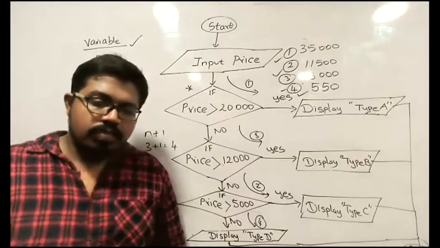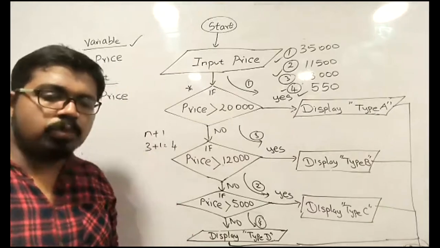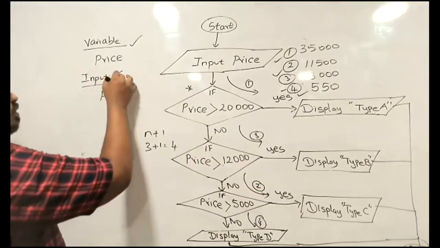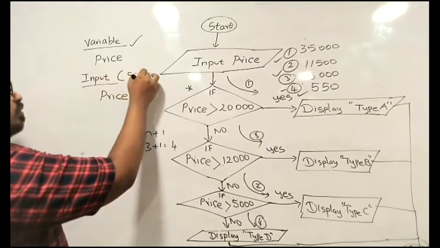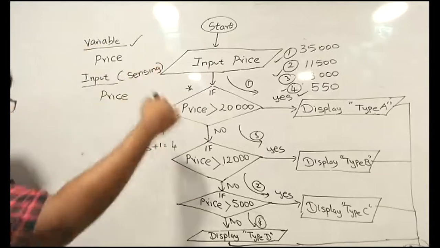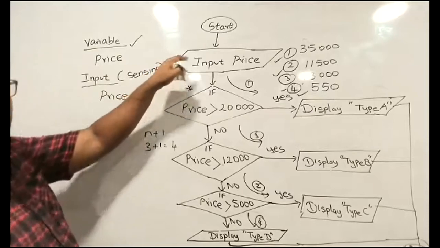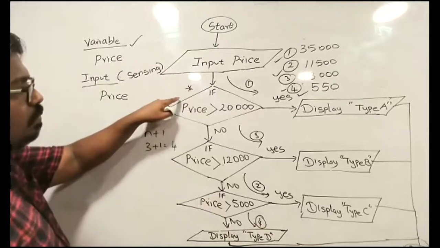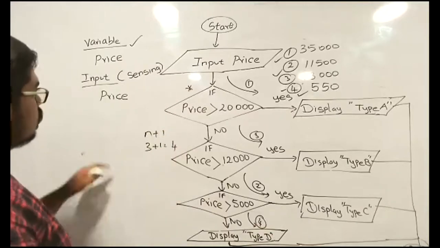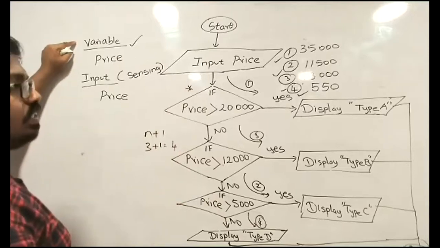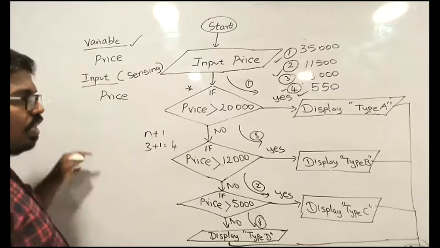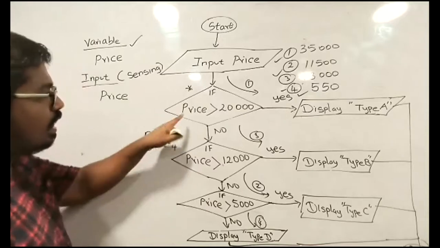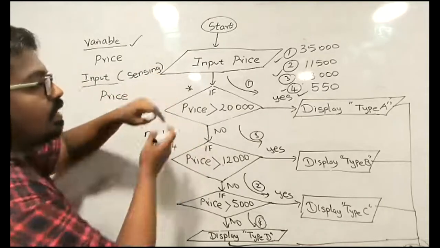As we studied earlier, in a Scratch program, inputs are denoted by the sensing tool group, right? So I will write sensing. By using sensing, I will provide the price to the flowchart or the program. Here I am going to check the conditions. So after variable identification, I will do the input identification. After input, when you look at this question, there is a comparison operator and the condition.